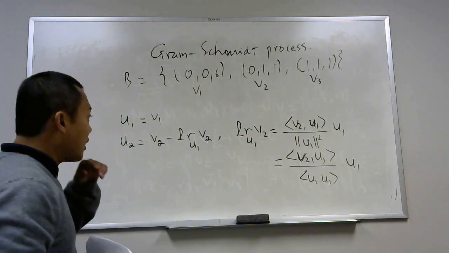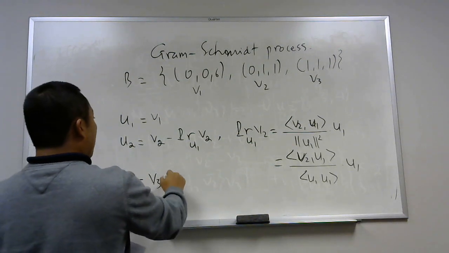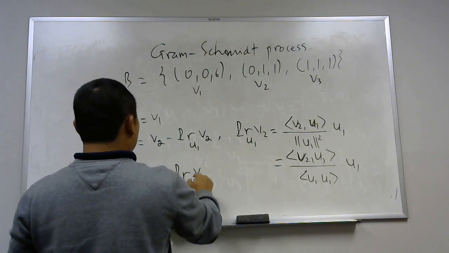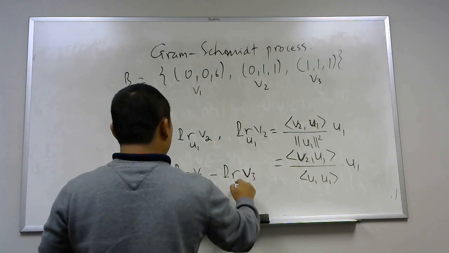That's it. And u3 equals v3 minus the projection of v3 on u1 and the projection of v3 on u2.